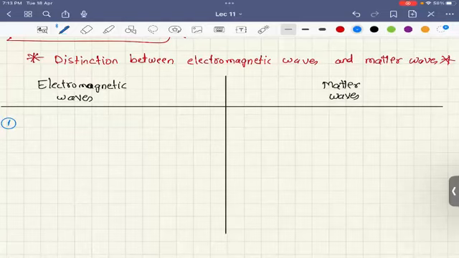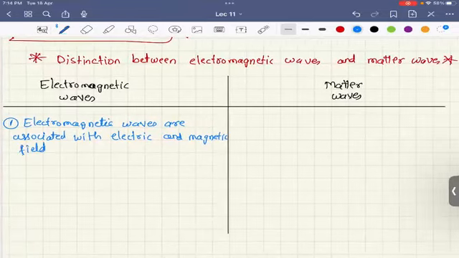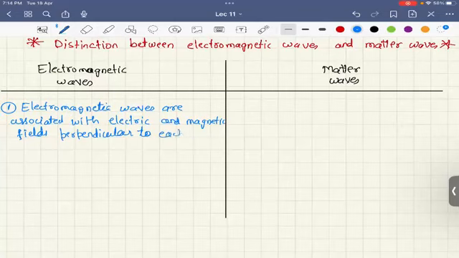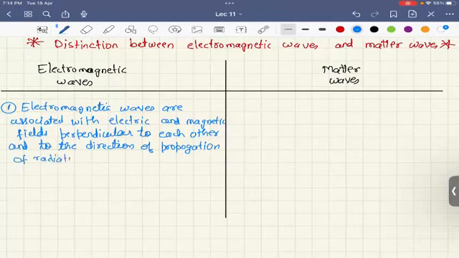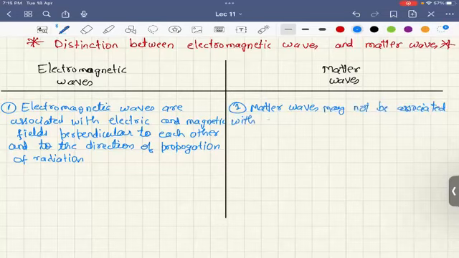Whereas matter waves may not be associated with electric and magnetic fields.